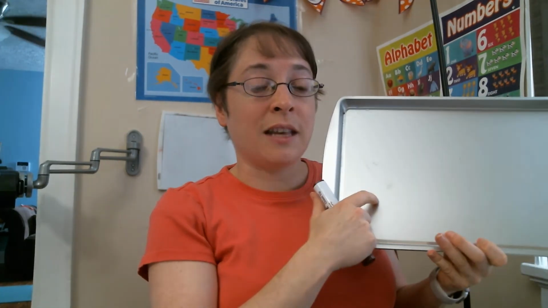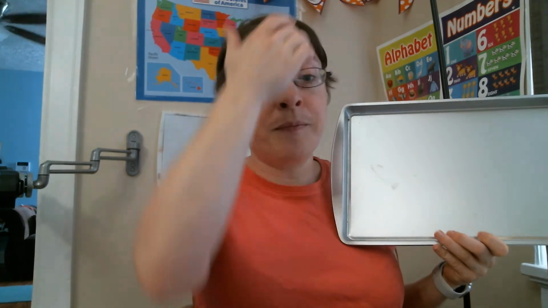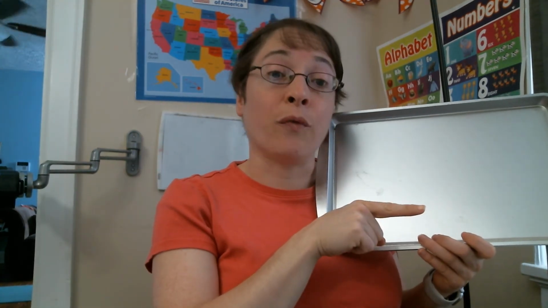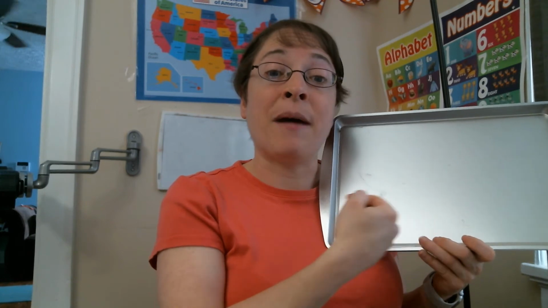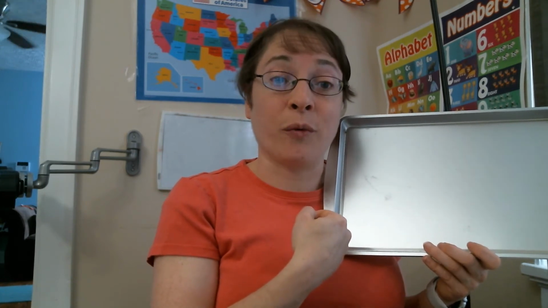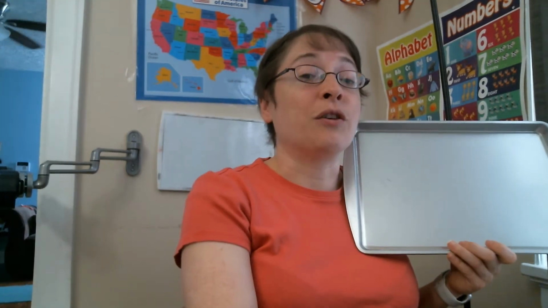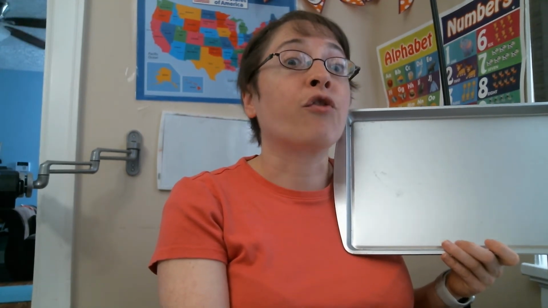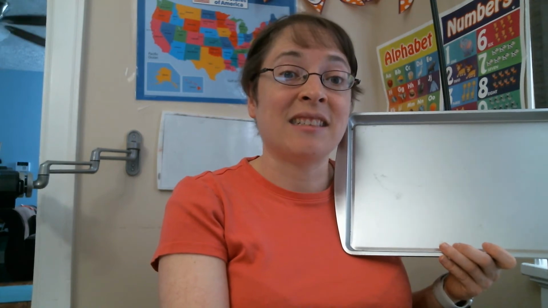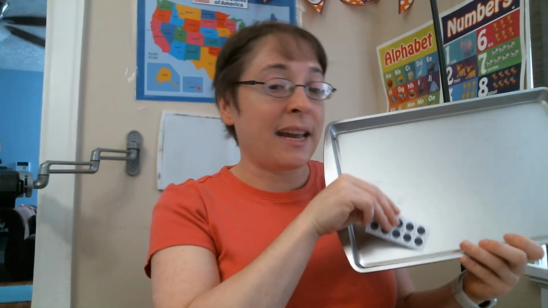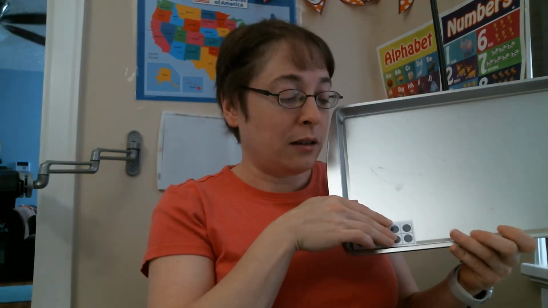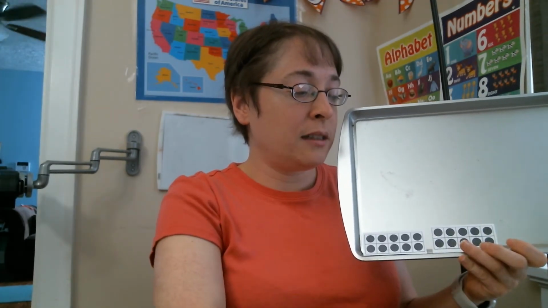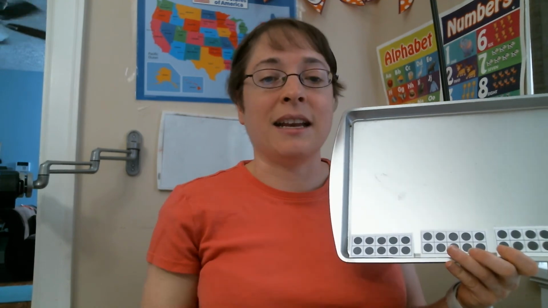So I'm going to use this, and then we're going to practice counting forward the regular way and backward the regular way. Okay, so first I'm going to say a number the say 10 way. 3 tens. So I'm going to put 3 tens on my board. There's 1 10, 2 tens, 3 tens.